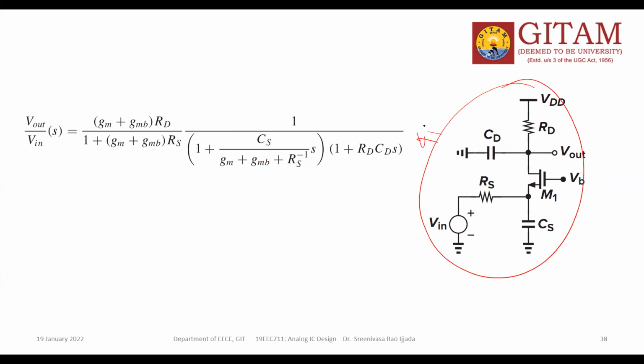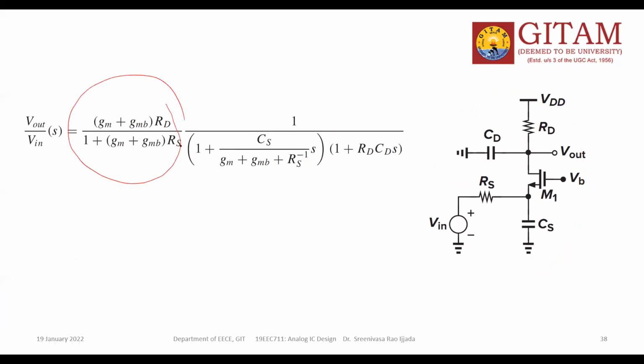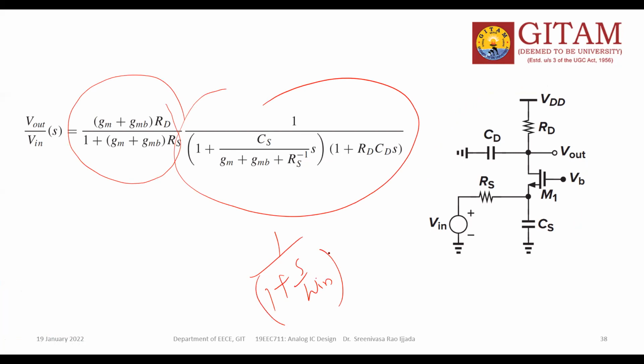So this is the transfer function. This is the common gate, the earlier one was also common gate. But here we take the capacitors CS and CD, so that you must write the transfer function in terms of CS and CD only. Got my point? Yes, sir. Up to this, this term is the low frequency gain, and this is 1 by 1 plus s by omega in multiplied with 1 plus s by omega out.